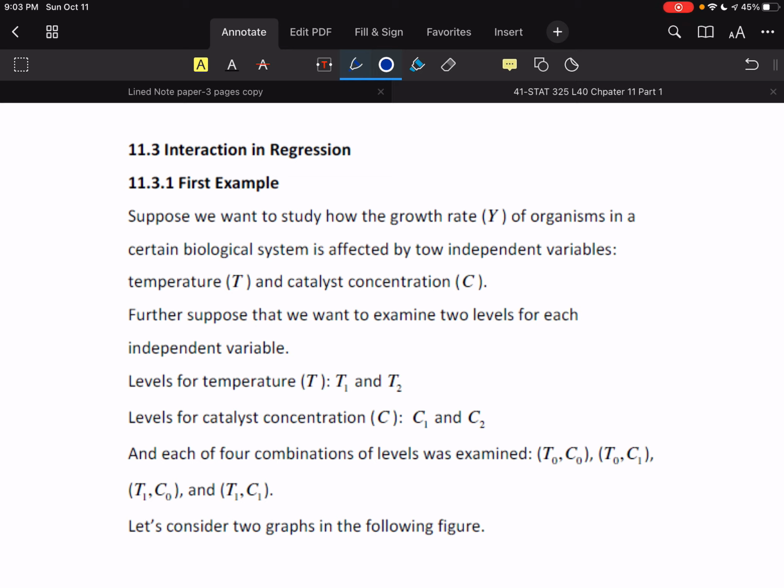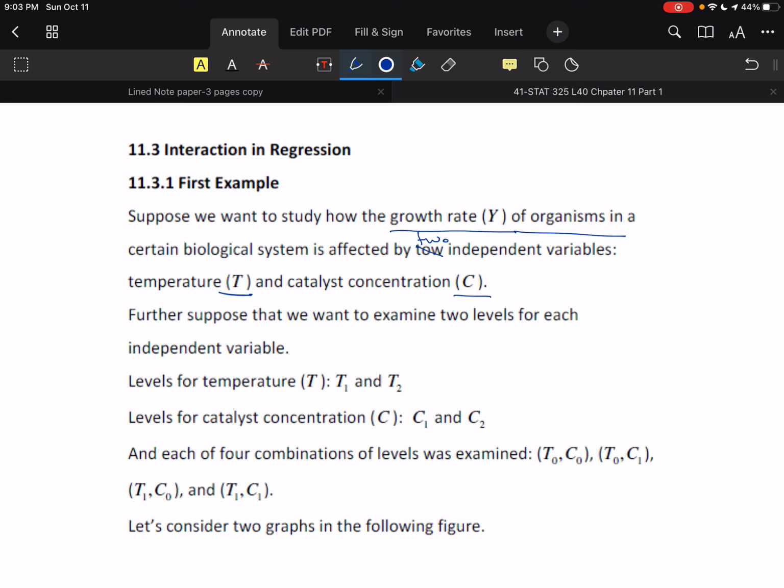But before we get there, we're going to have to define this example. We're going to study the growth rate of some organisms in a biological system, and it's affected by 2 independent variables. The first is temperature, and the other is catalyst concentration.